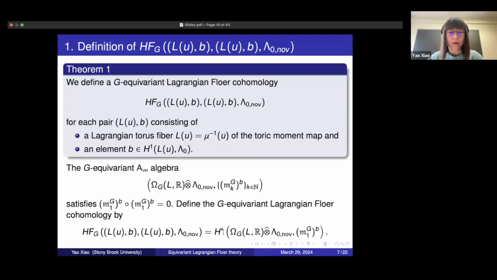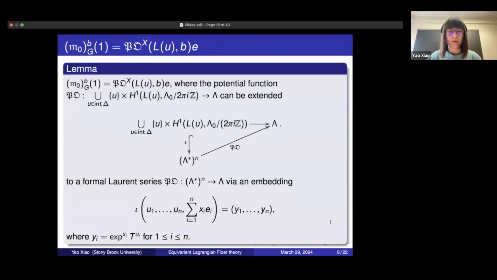Okay, and we can define an equivariant Floer cohomology because the operator m_1^{G,b} satisfies that it squares to 0. If you compose it with itself, it becomes 0. So I can define the cohomology to be the cohomology of the Cartan model with respect to this m_1.